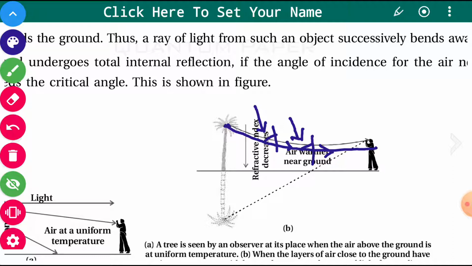At a particular point where the angle is more than the critical angle, it undergoes total internal reflection, and the image of this object is formed here, and this image is found to be virtual and inverted.